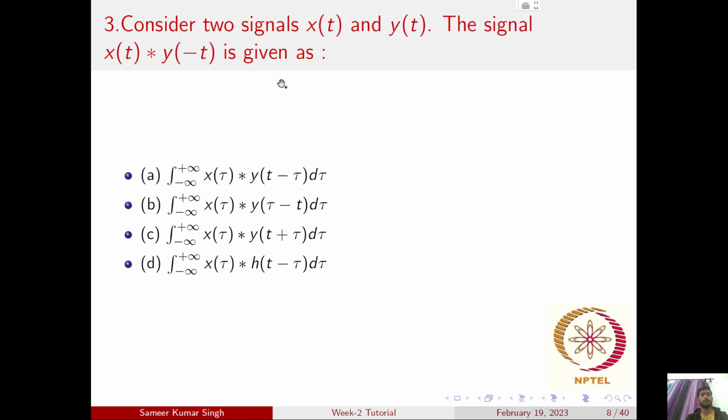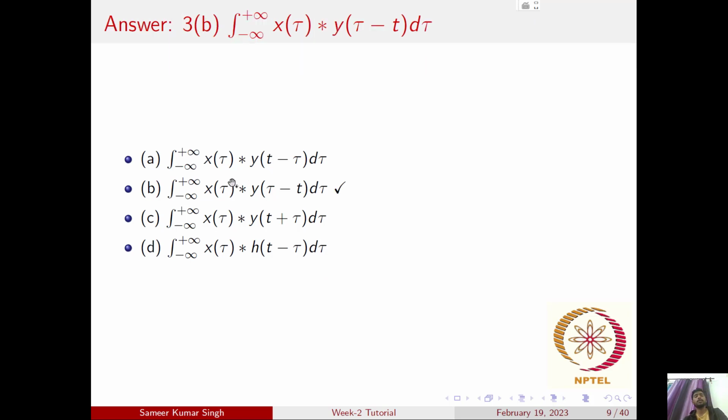So what will be the output of this question? The answer to the discussion is option B.